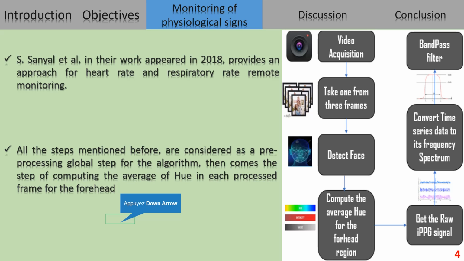All the steps mentioned before are considered as a global pre-processing step for the algorithm. Then comes the step of computing the average of hue in each processed frame for the forehead, assuming that the region of the front is the one where we can measure arterial pulsation.